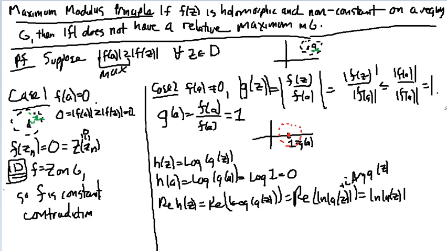But I know that this modulus is at most 1. So it's less than or equal to natural log of 1 equals 0. So h of z is always less than or equal to 0, is what I can conclude.